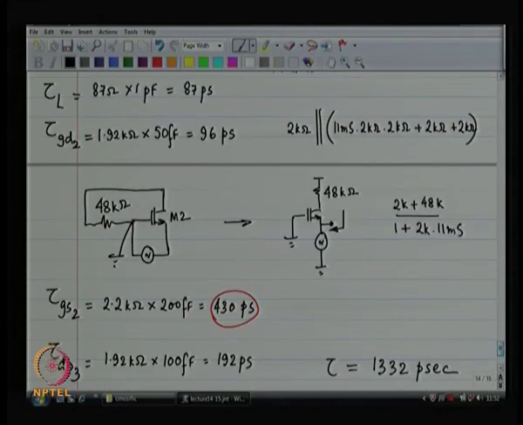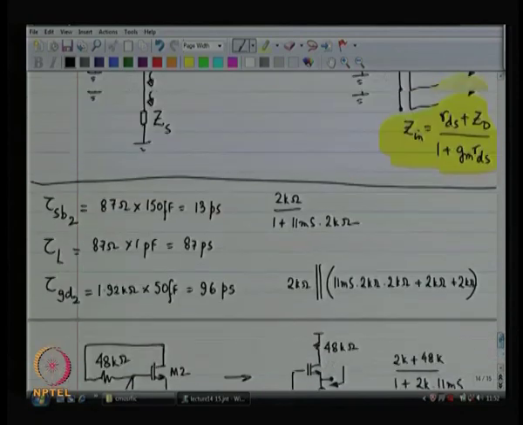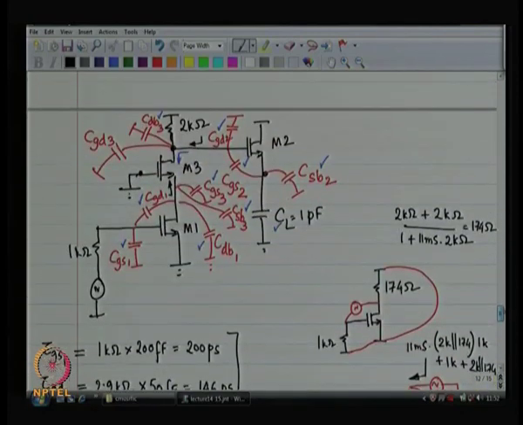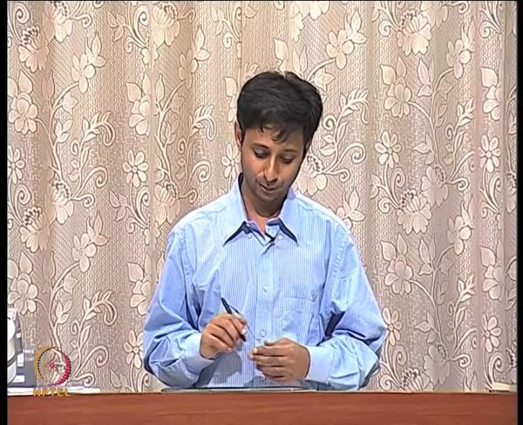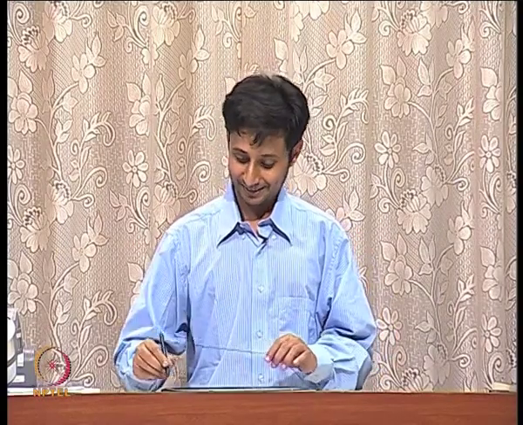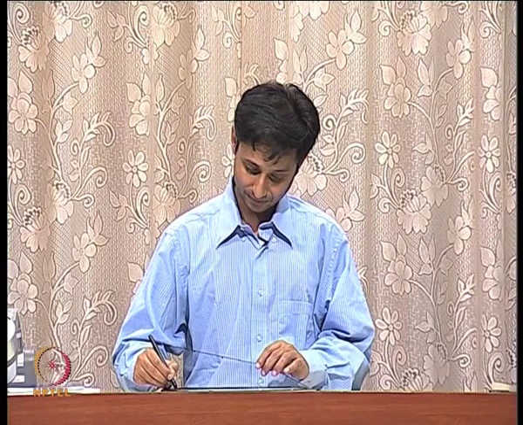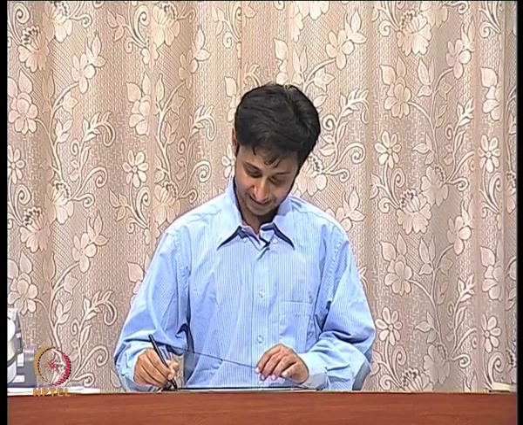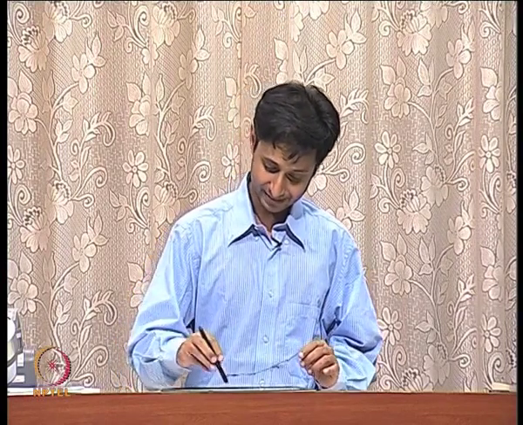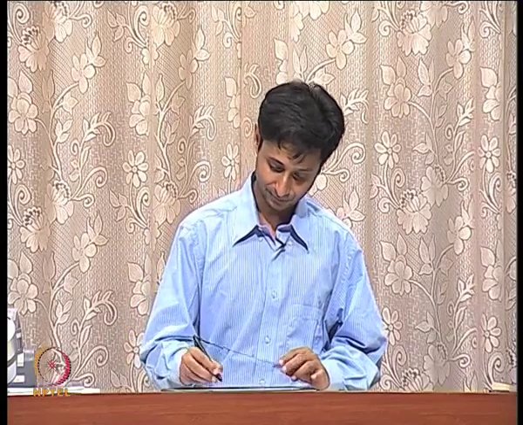This is a little strange. It's not right. What is not right is this 48 kilo ohms. Looking in over here, I can't ever see 48 kilo ohms. I see 48 kilo ohms in shunt with 2 kilo ohms. All right. So that was the mistake that I made, and as a result, I get wrong answers.